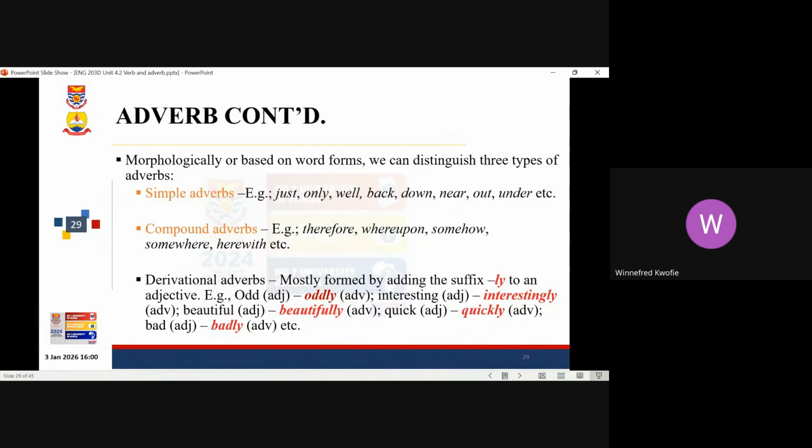So often we add "-ly" to an adjective and then we get an adverb. For example, "odd" as an adjective becomes "oddly" as an adverb. "Interesting" as an adjective becomes "interestingly." So "-ly" is one of the key features of an adverb. The "-ly" suffix is a key feature of adverbs.